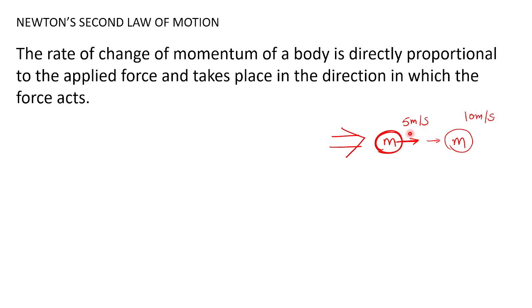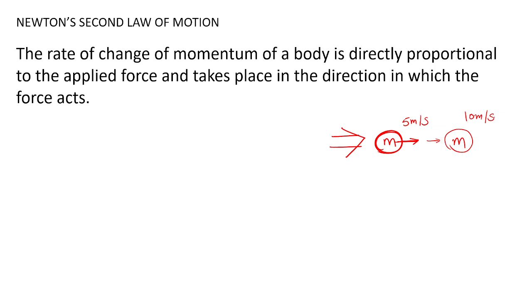So the momentum has changed. Somebody is pushing this body, that's why you can see the change in momentum. Initially the momentum was 5 into mass into velocity. The change in momentum in 1 second is proportional to the applied force.